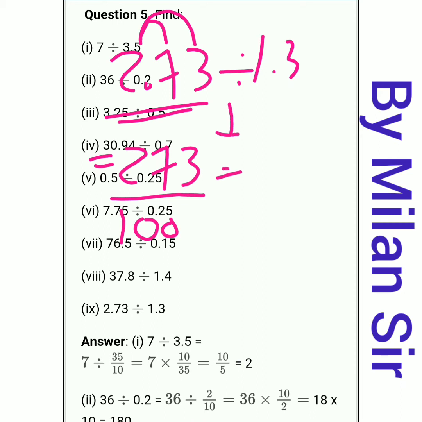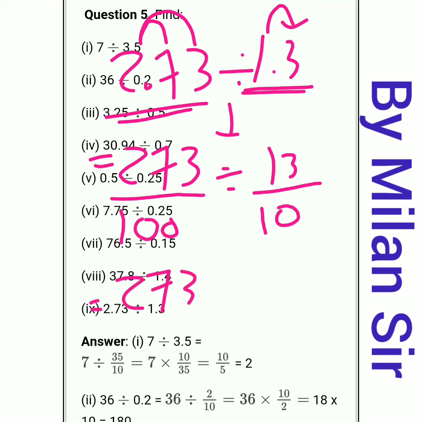First of all, this division remains as it is, because we need to convert this 1.3 into a fraction. So 1.3, that means 13. If we ignore the decimal point, then it is 13, and after the decimal point we have only one digit, so in the denominator after 1 we need to put 0. Now our first number remains as it is, 273 divided by 100.